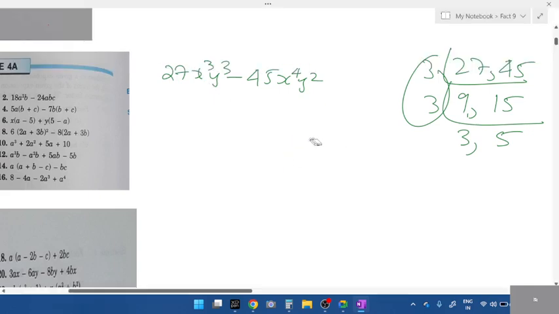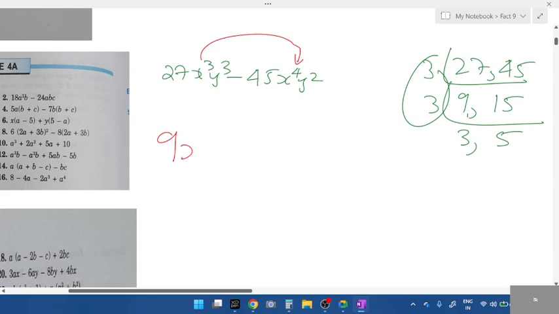If you want, you do it like this, or if you're good with numbers, you can directly write 9, students. Clear? This is how you're supposed to do. You get 9. Compare x cube and x square, x4, which is smaller, which is less? X cube is less. Take x cube.